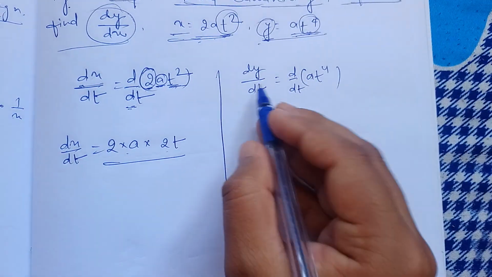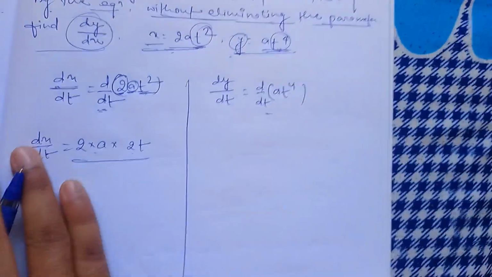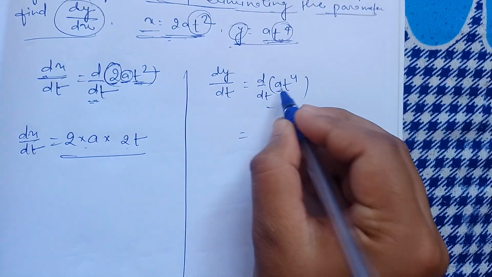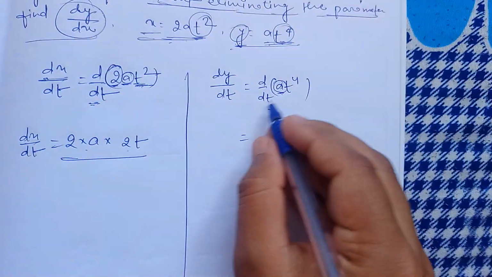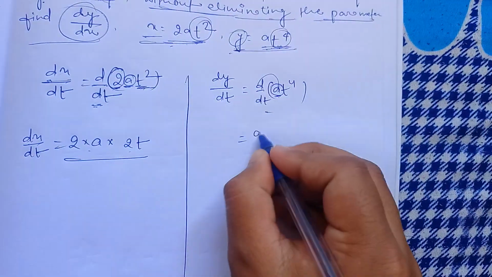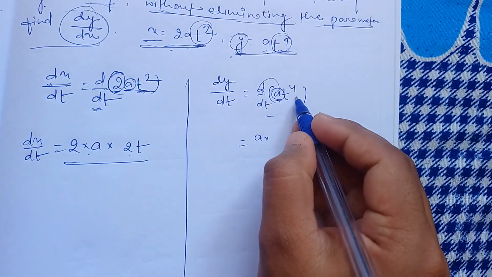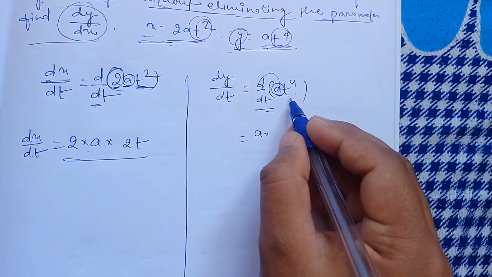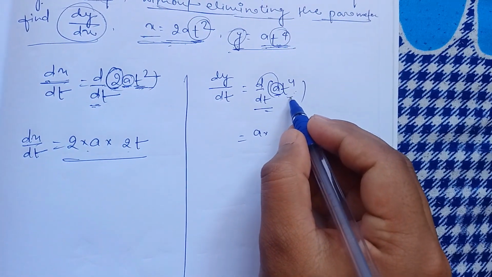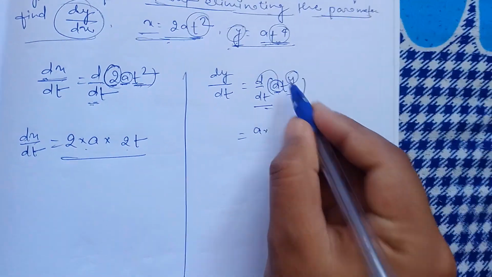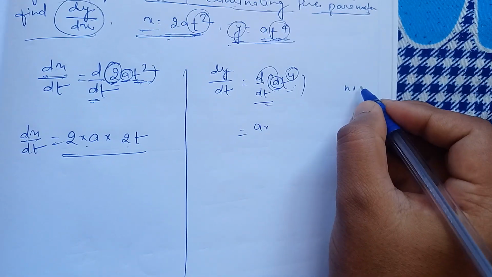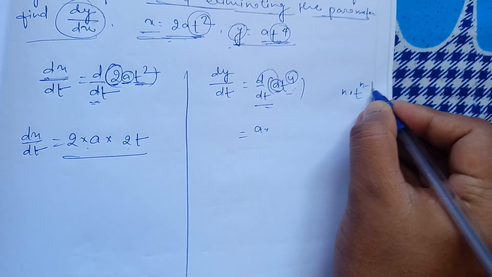Now next, for this, a is a constant, so the constant will go outside, and t power 4 is differentiated with respect to t. What is the differentiation of t power 4? The derivative of t power n is n into t power n minus 1.